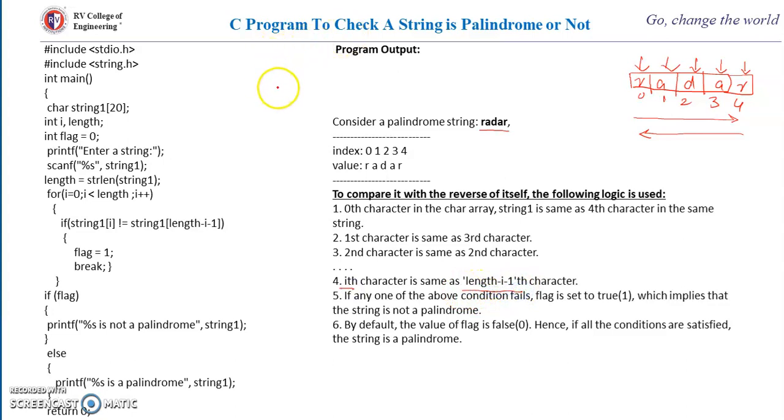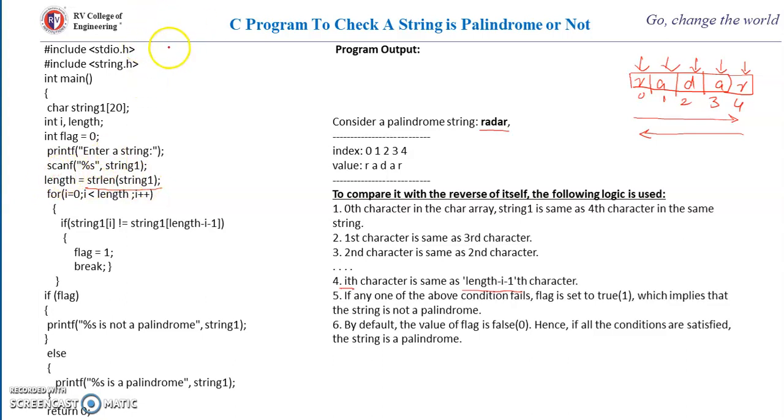So for calculating the length of the string, we have a predefined library function strlen. So we have used this library function, and then strlen, here we'll pass the string name for which we want to calculate the length, and then this function will calculate the length of the string, and that value we are assigning to length variable.